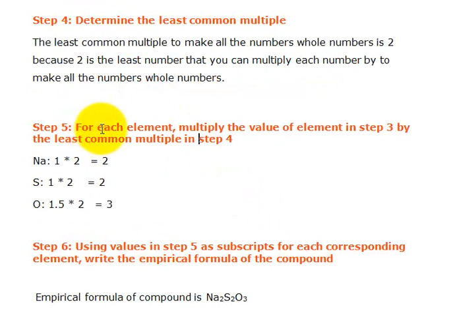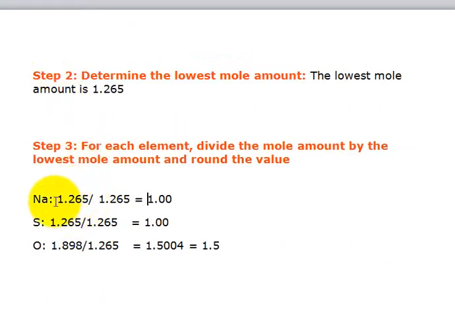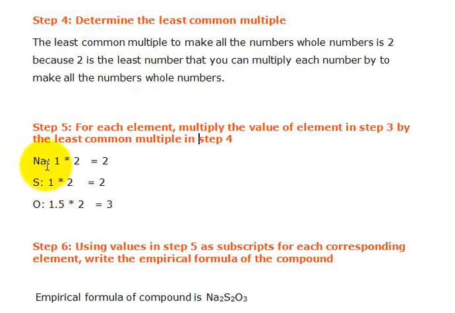Step 5. For each element, multiply the value of element in step 3 by the least common multiple in step 4. Now let us look at step 3. The value of sodium is 1, the value of sulfur is 1, and the value of oxygen is 1.5. So for sodium, we need to multiply 1 by the least common multiple 2, and the value is 2.